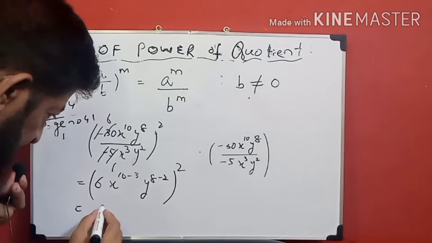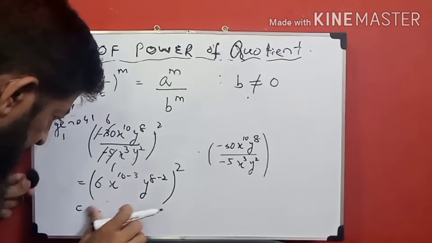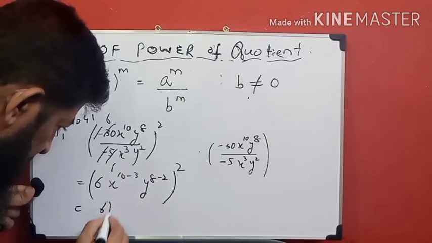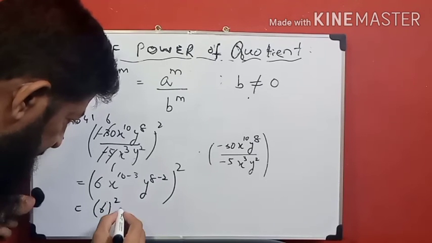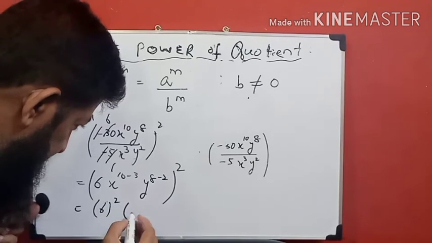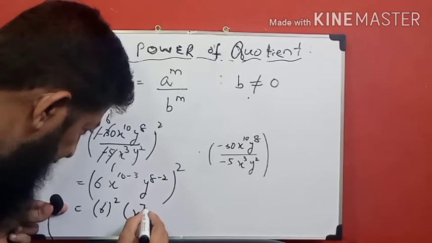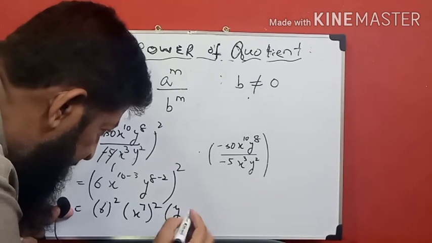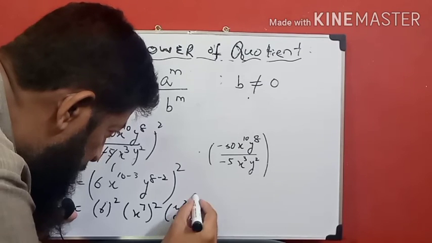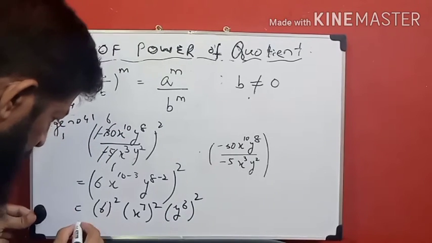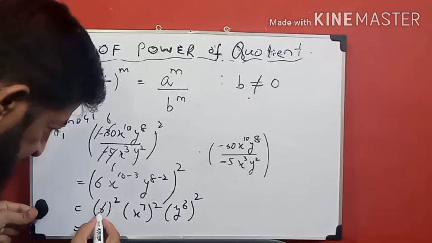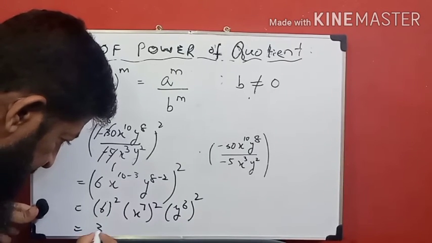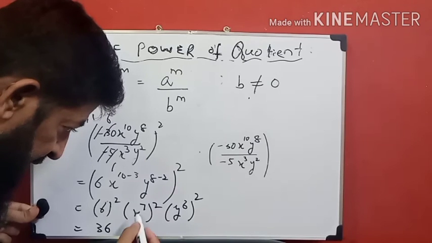So we write 6 square, x raised to power 7 raised to power 2, y raised to power 8 minus 2, 6 raised to power 2. So the answer comes as 6 square, and the square of 6 means 6 sixes is 36.